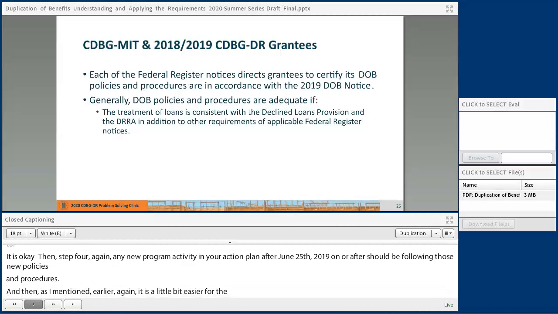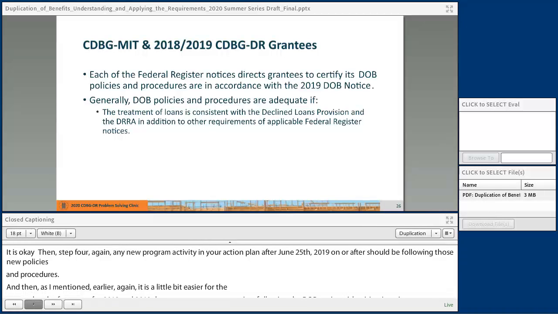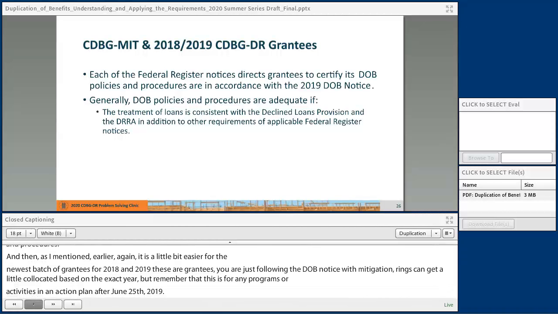With mitigation, things can get a little complicated based on the disaster year, but remember that this is for any programs or activities in an action plan after June 25th, 2019. So even for your mitigation funds, probably all of your mitigation activities and programs would follow the new DOB notice, just based on timing.